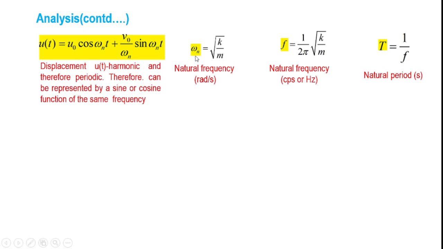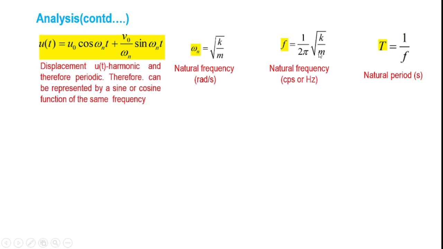Now we find that omega n is such an important term. It is the natural frequency of the system, which tells how many radians per second the response u(t) has. Once we have the natural frequency in radians per second, it can be expressed in cycles per second, popularly known as hertz. How do you do it? Simple: f is equal to 1 by 2 pi into omega n.